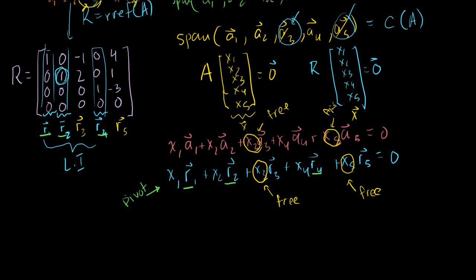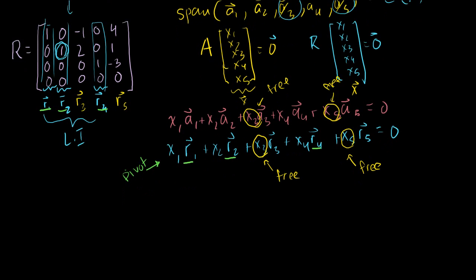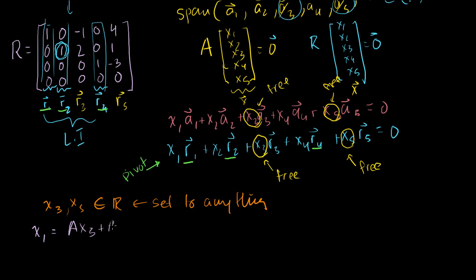Now, what does that mean? We've done multiple examples of this. The free variables, you can set them to anything you want. So x3 and x5, you can set to any real number. And then from this reduced row echelon form, we express the other pivot variables as functions of these guys. Maybe x1 is equal to a x3 plus b x5.